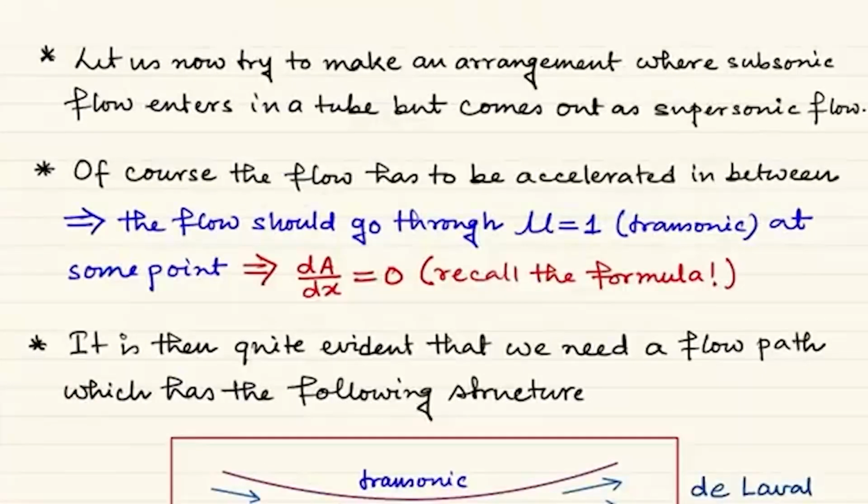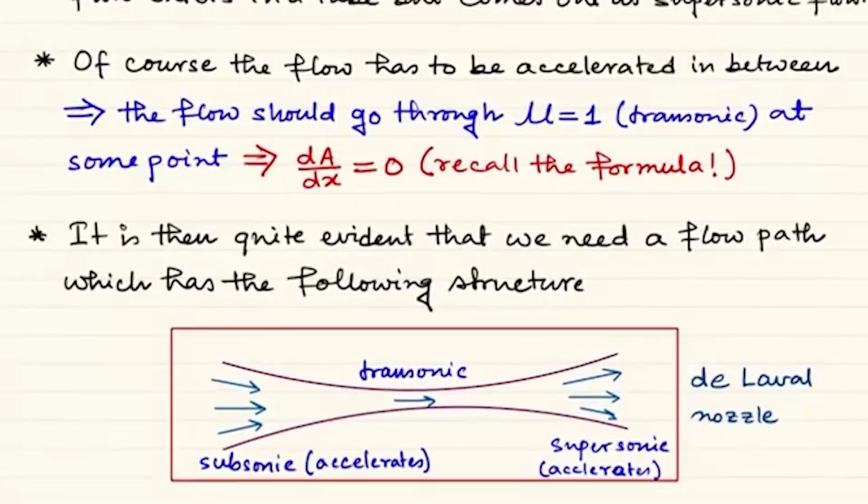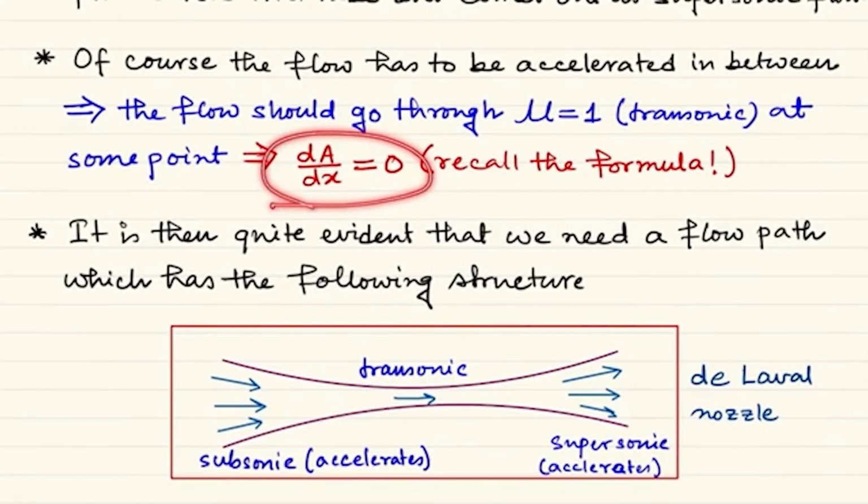Okay, so that means that the system will have an area where the pipe or the tube should have a part for which the cross-sectional area is effectively the same over a range of x. Okay, so dA/dx simply says that the area has some extremum value over x.